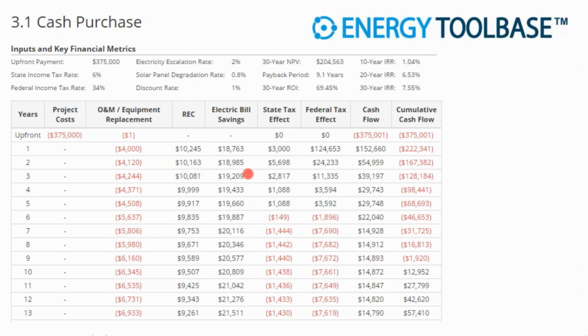If I, as a residential household, save $1,000 a year on my electric bill, I do not pay $1,000 more in taxable income. But if I'm a business and I save $20,000 a year on my electric bill, I am $20,000 more profitable. I pay taxes on that.